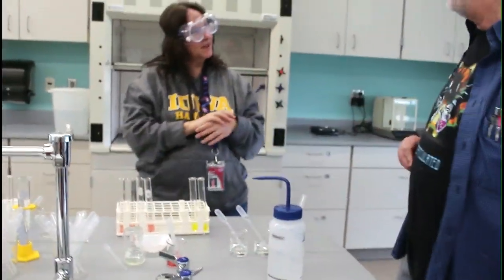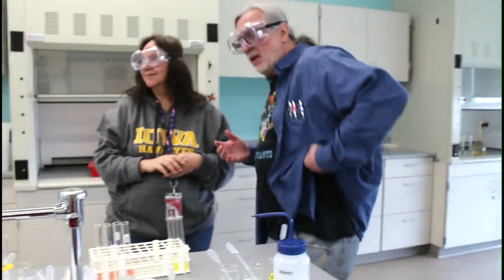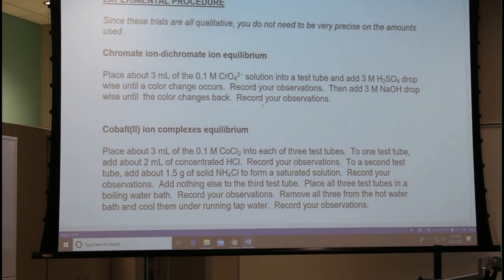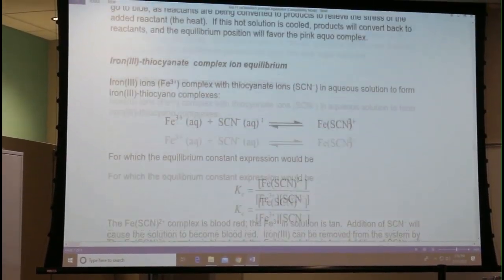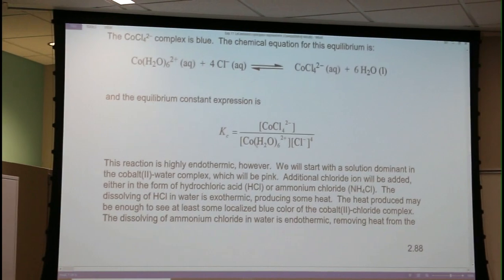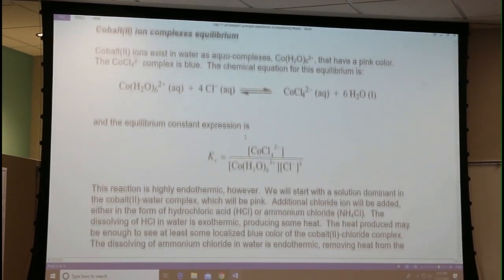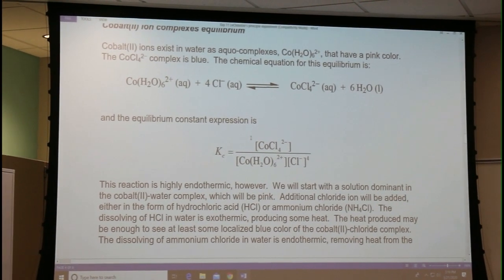Very good. Next one? The next equilibria is involving cobalt-2 chloride complexes. I've got it on the procedure right there. I'm going to go back up to the part that addresses the chemistry a little bit, and again, these are in your lab manual.